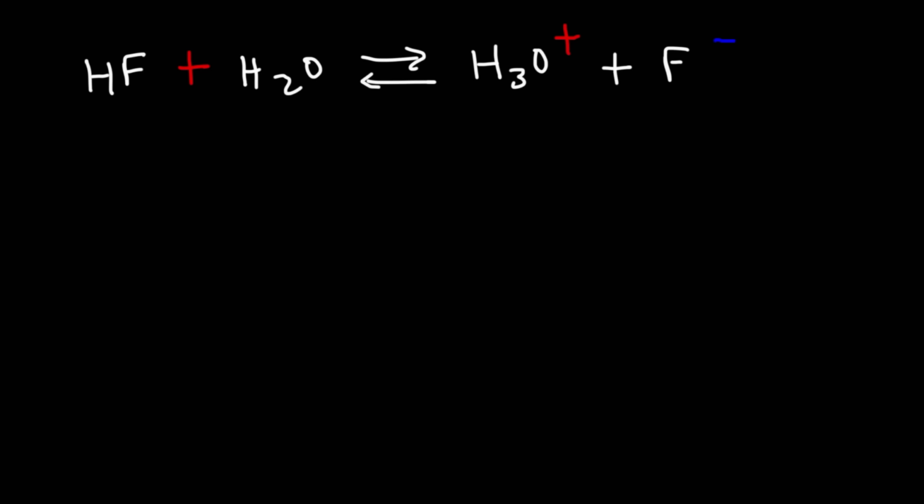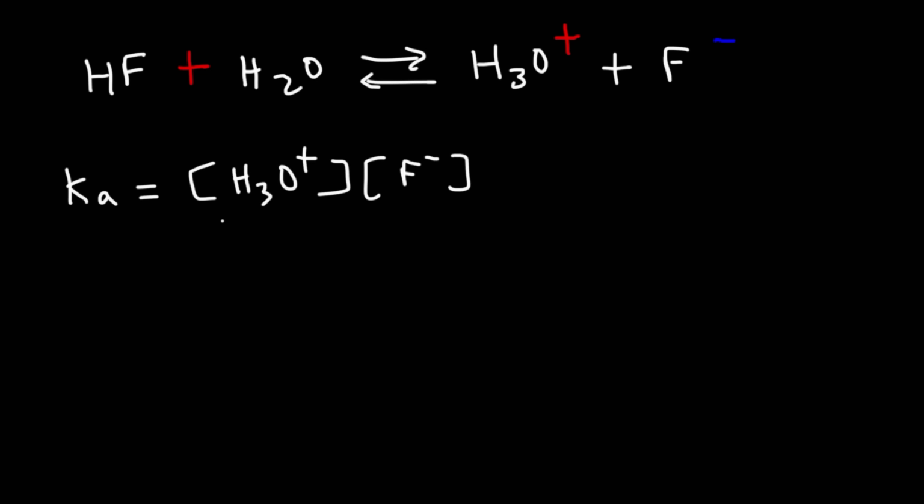So when dealing with a weak acid, you need to use something called Ka, the acid dissociation constant. It's an equilibrium constant, and it's equal to the concentration of the products divided by the concentration of the reactants.